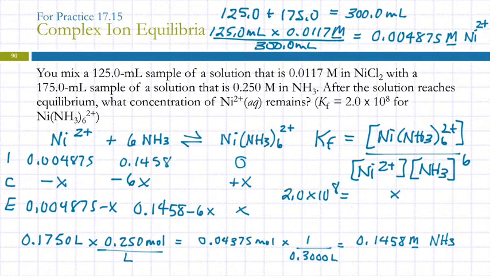We're going to have X up here, and then in the denominator, we've got 0.004875 minus X, and the quantity 0.1458 minus 6X to the 6th power. This is a job for the solver.